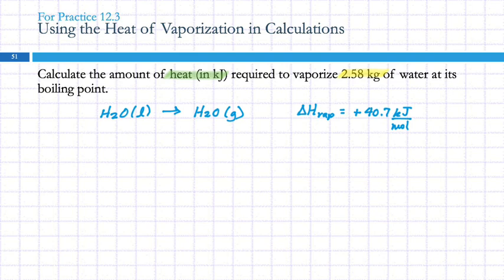So we have 2.58 kilograms of liquid water, and we're trying to find out how many kilojoules of energy is required. So this really is a stoichiometry problem.